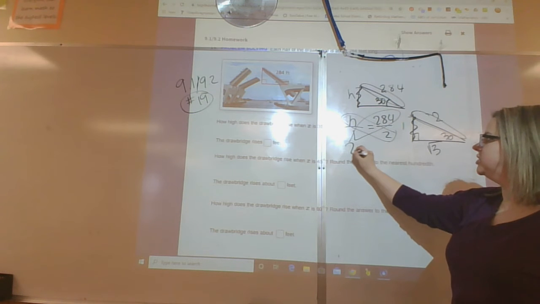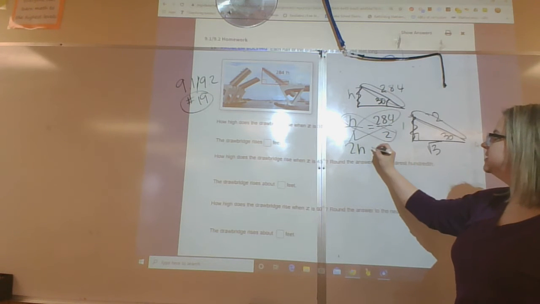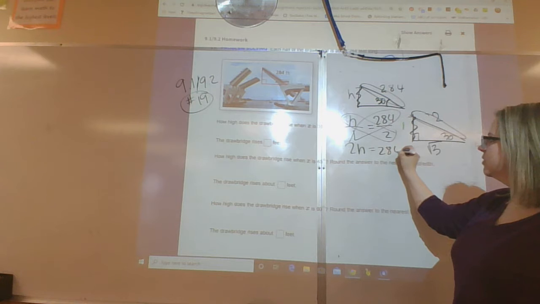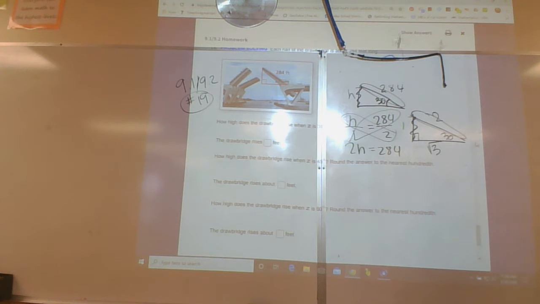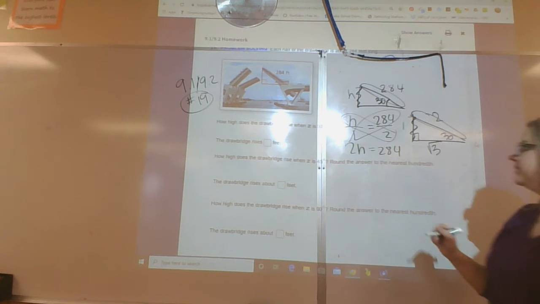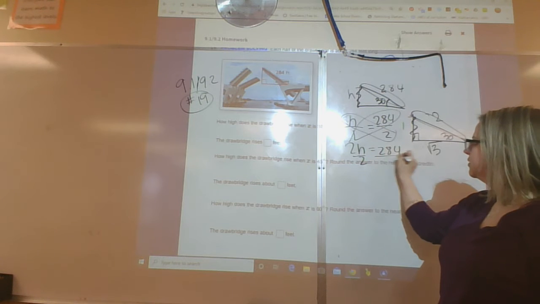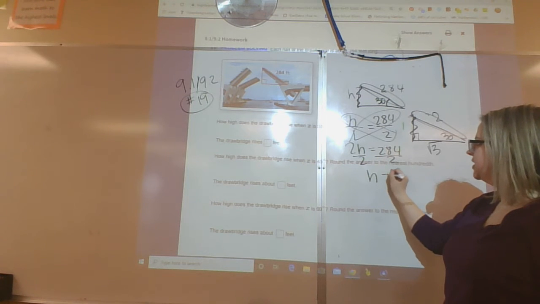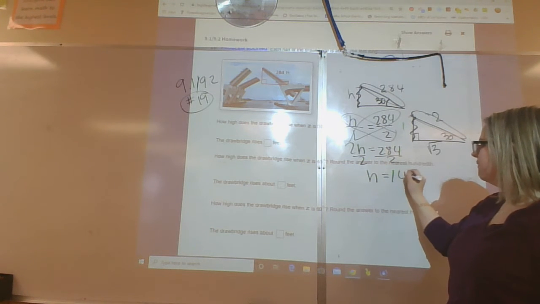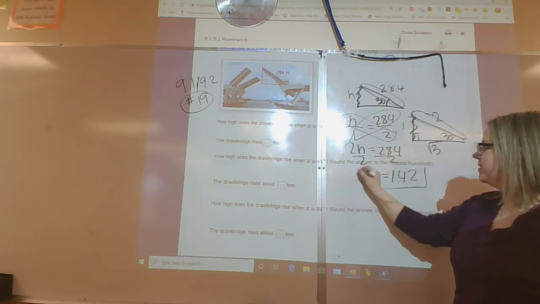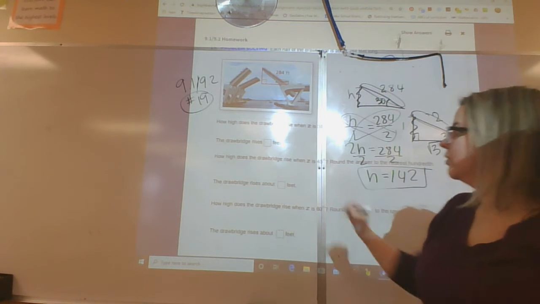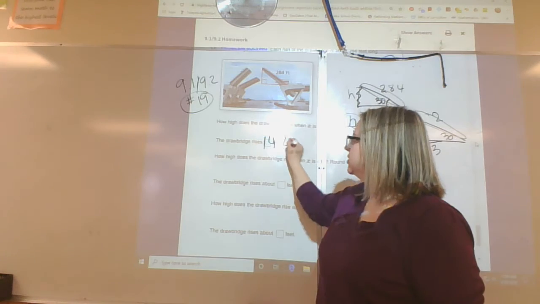H times 2 is 2h. 1 times 284 is 284. I'm going to divide each side by 2. So h equals 142 feet. That would be my answer for this first part here, 142.